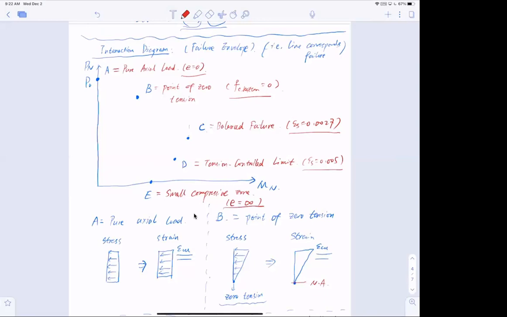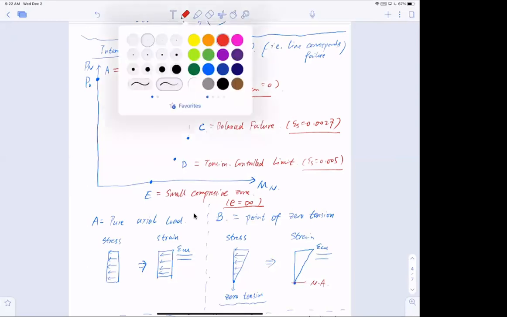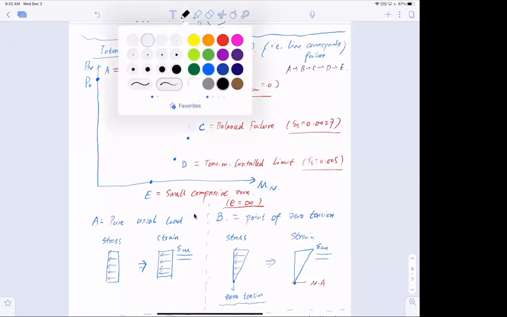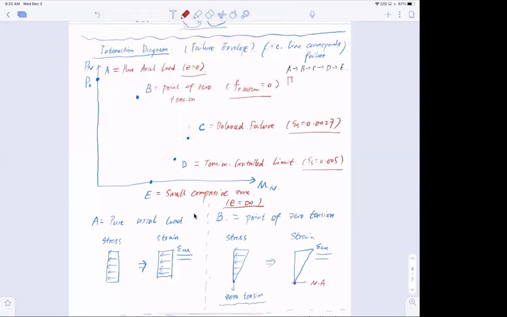If this is still hard for you to remember, I can draw a mini diagram here. I call this A, B, C, D, E, the alphabet song. It is originally a rectangular shape in terms of strain.